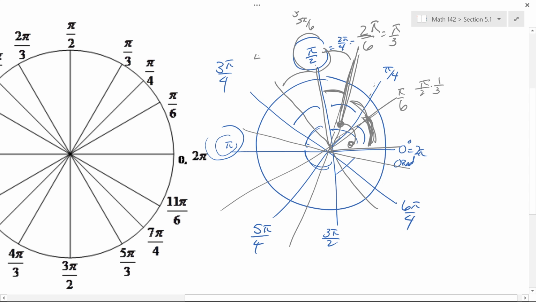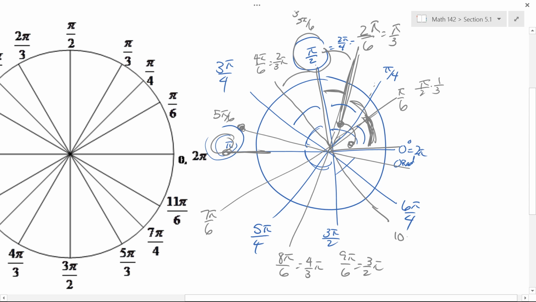Here I have 4 pi over 6, which is the same thing as 2/3 pi. This one is 5 pi over 6. Here I have 6 pi over 6. That's just pi. Here I've got 7 pi over 6. 8 pi over 6 reduces to 4/3 pi. 9 pi over 6 reduces to 3/2 pi.